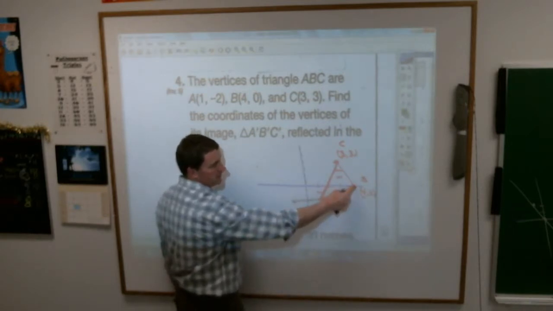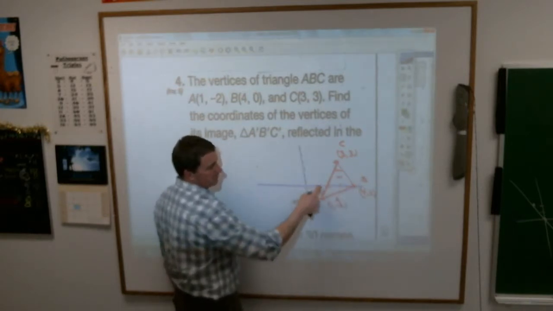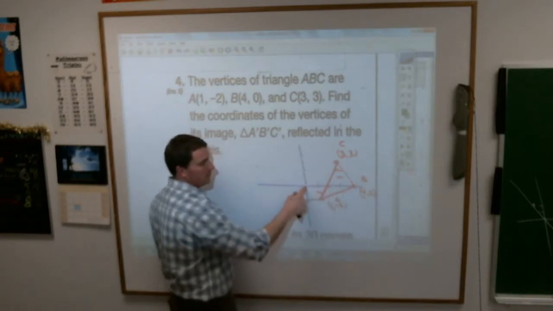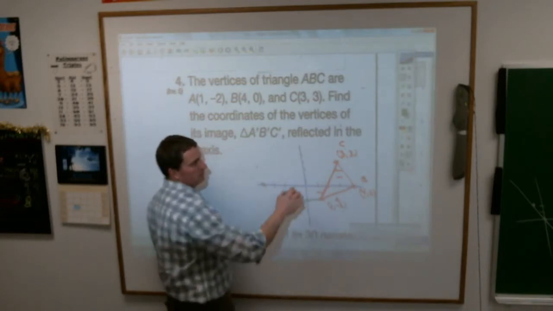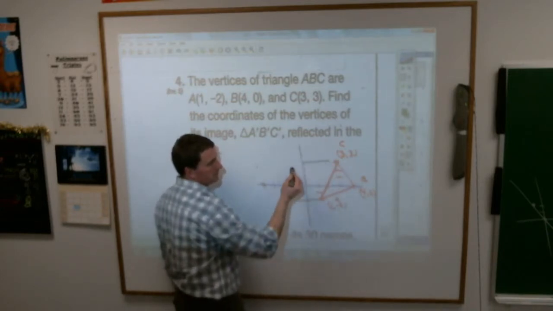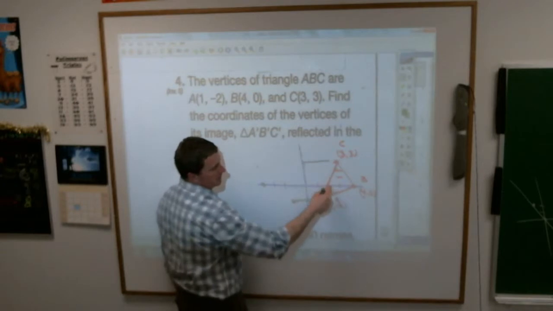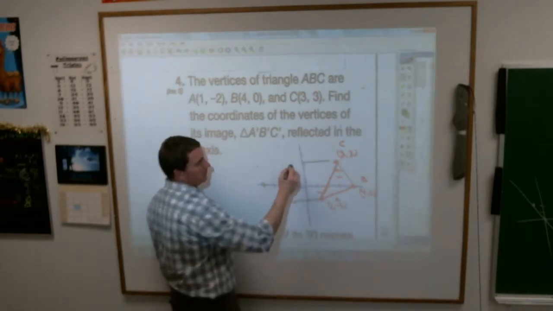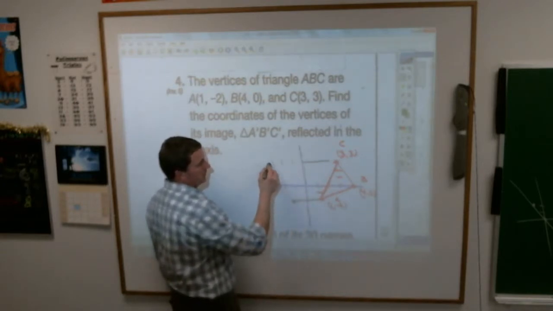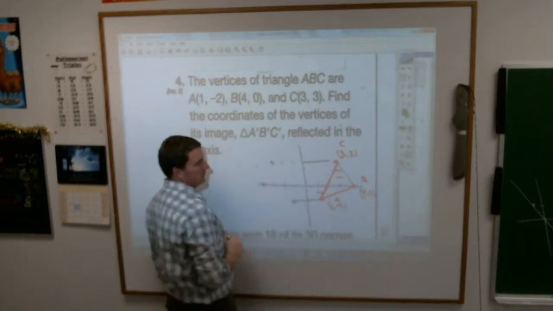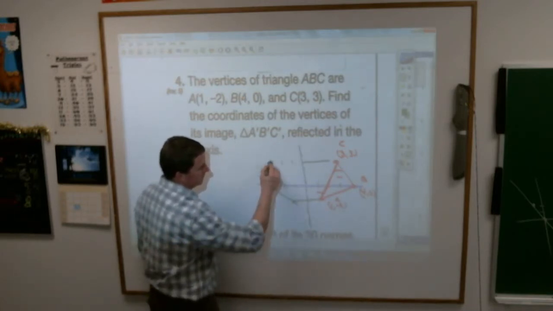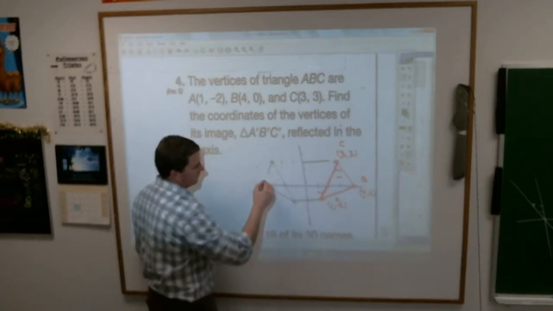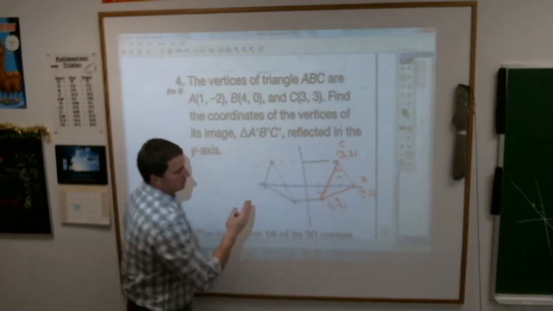Point B is on the x-axis and it's 1, 2, 3, 4 away. So I go on the x-axis and go 1, 2, 3, 4 away this way. Point C, again, draw a line to that axis here. It is 3 away there, so I go 1, 2, 3 away here and put my point there. So this triangle reflected on the y-axis is going to look like this. What are those points?